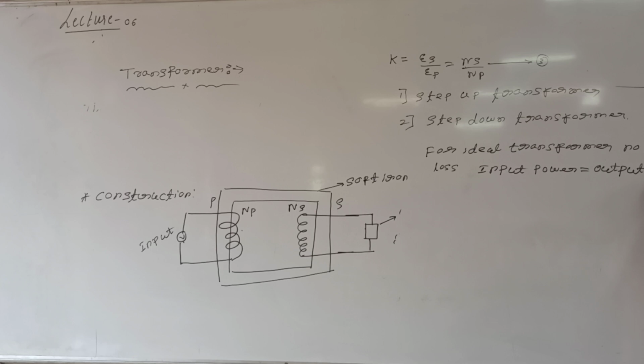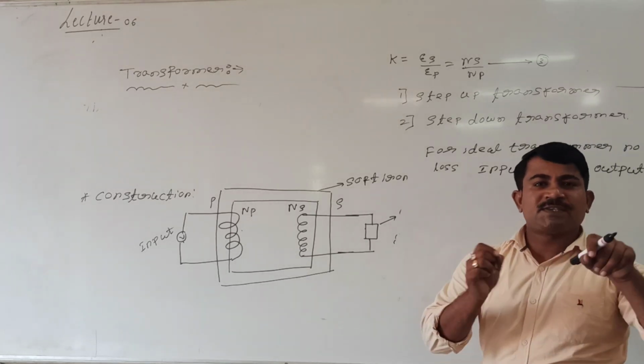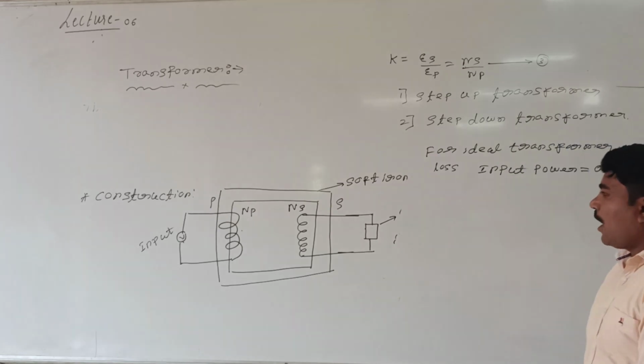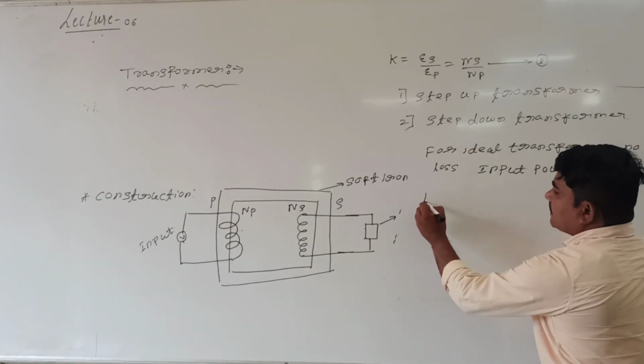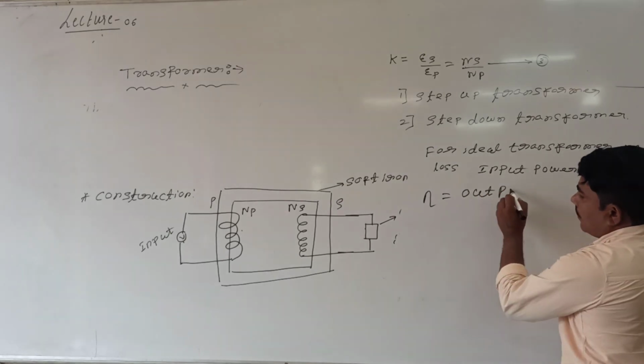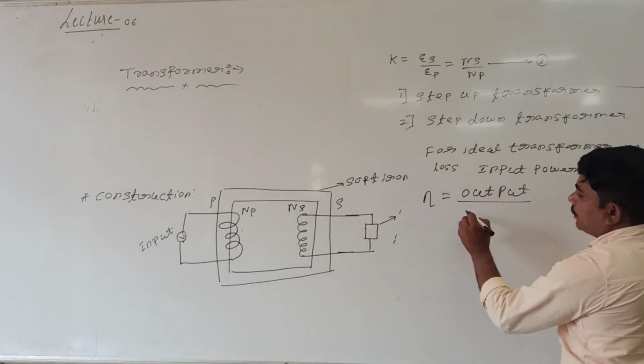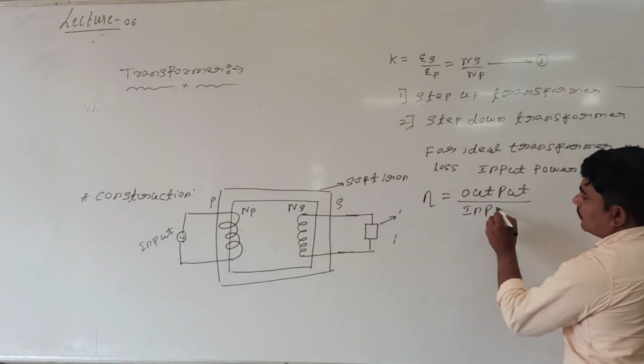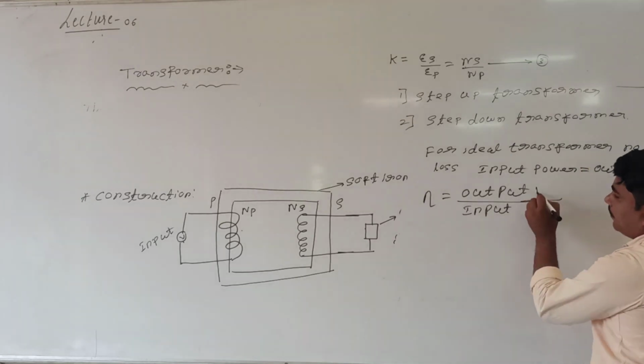I mean, if efficiency is 100%... how to define efficiency? Efficiency is equal to output power divided by input power. Output divided by input. Simply, this is input power.